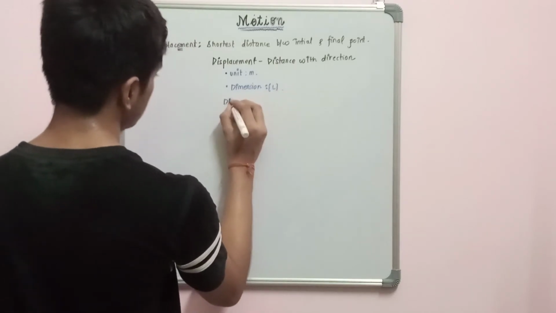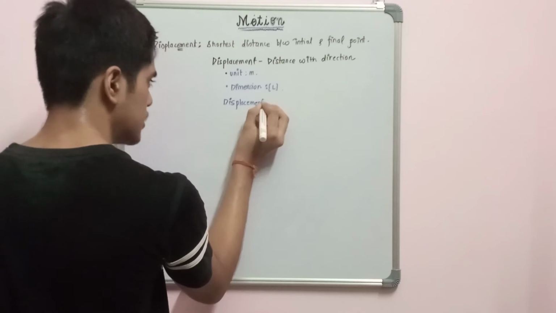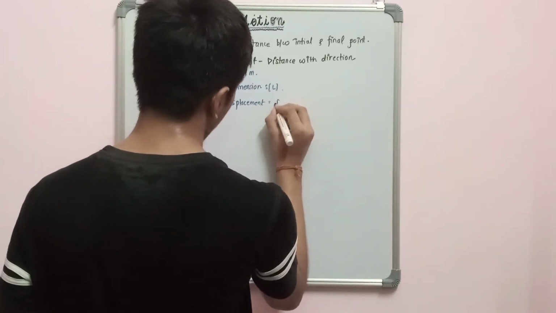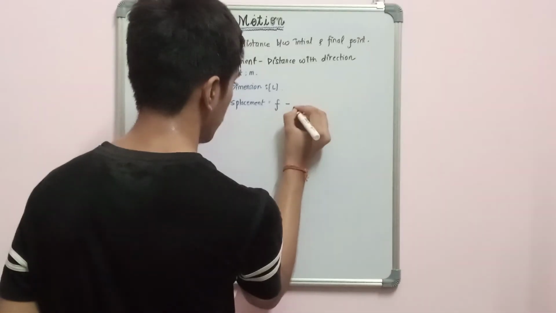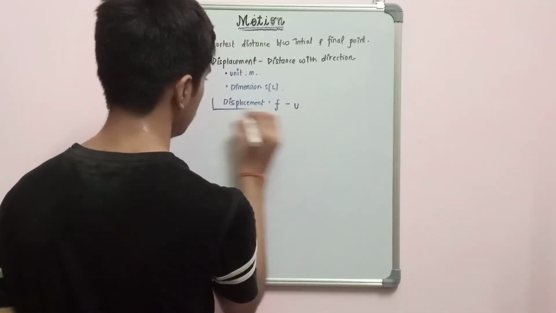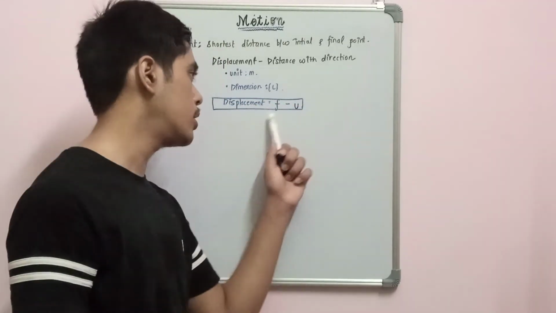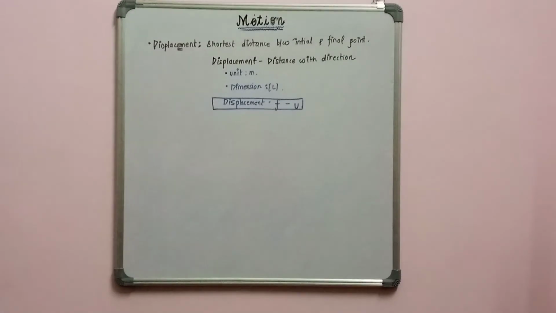Well, how is displacement calculated? There is no formula for it, but in some cases it is calculated as final point minus initial point, f minus u. So displacement is final point minus initial point. This was about distance and displacement.